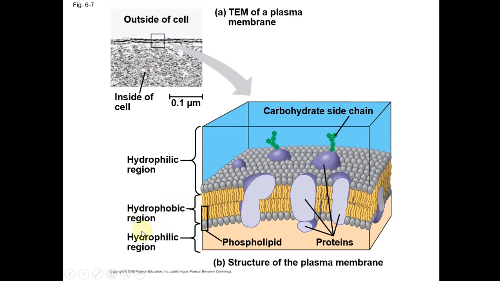We have the hydrophilic region, the water-loving region of the plasma membrane. So ito yung phospholipid, we have the head and the tail. We call these hydrophobic tails and hydrophilic heads. Yung mga ulo gusto sa mga basa, sa mga tubig. Yung mga buntot ayaw sa basa, ayaw sa tubig. Ganyan yung structure niya.